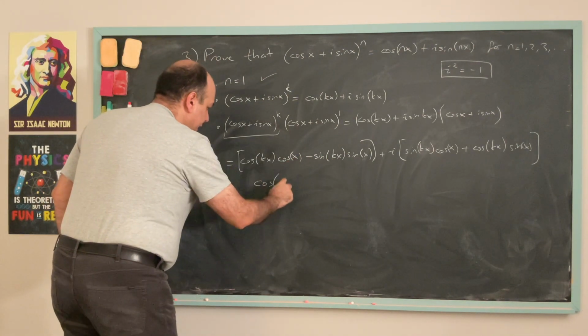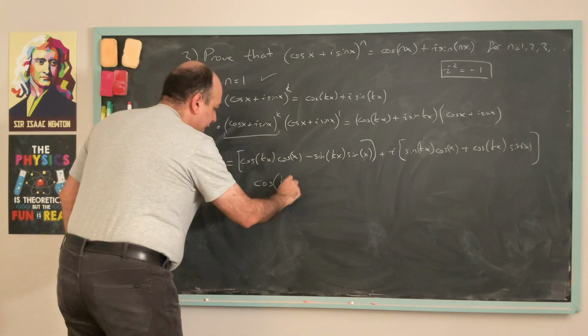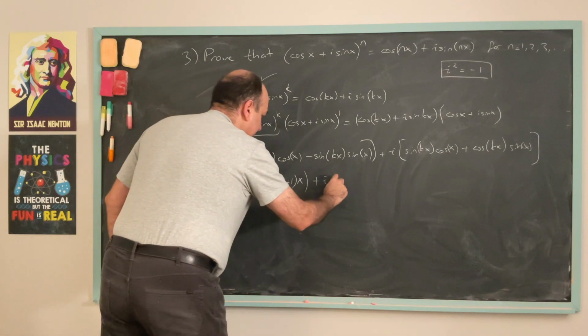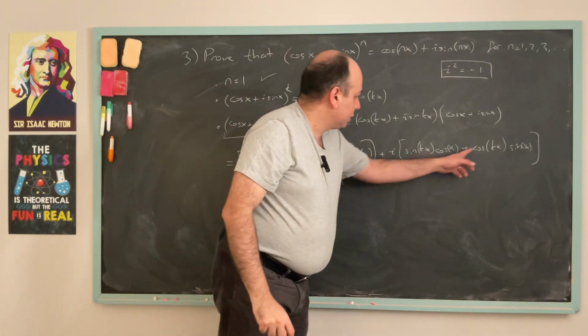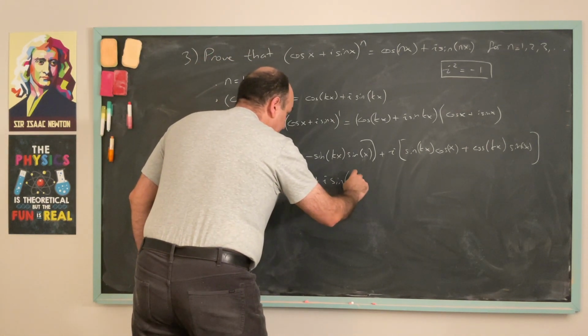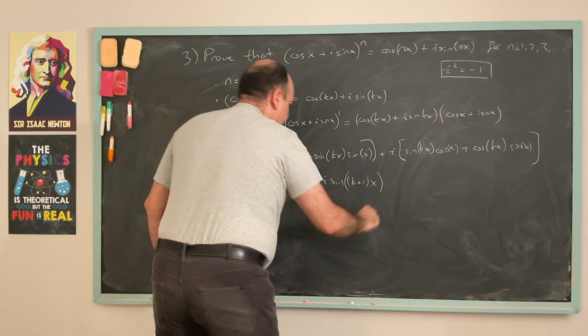Since this is minus, I'm going to use plus for cosine kx plus x, which is k plus 1x, plus I. This one is sine cos, cos sine, so it's going to be sine kx plus x, which is k plus 1x.